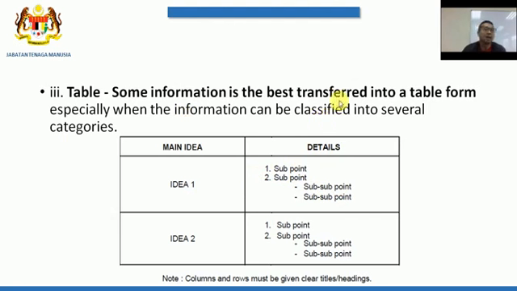And then perhaps instructions or outings for students who stay in colleges, right? So note, columns and rows must be given clear titles and headings, right? It must be clear, must be simple, right? So I'll give you 10 seconds before we move to our next slide.